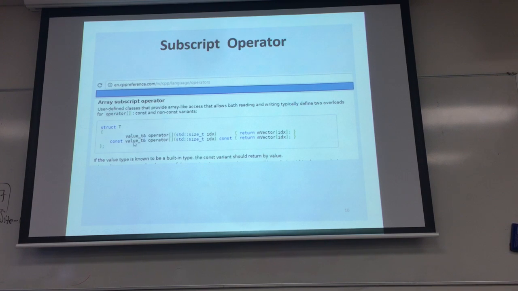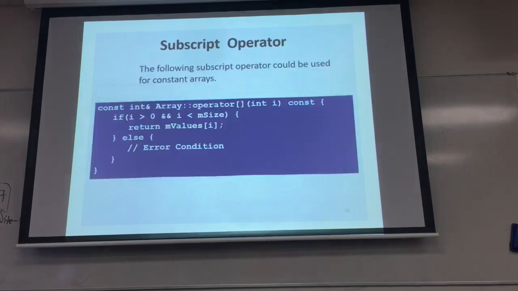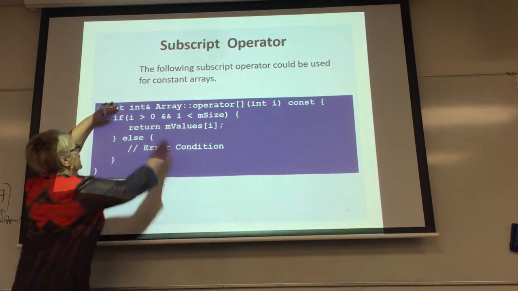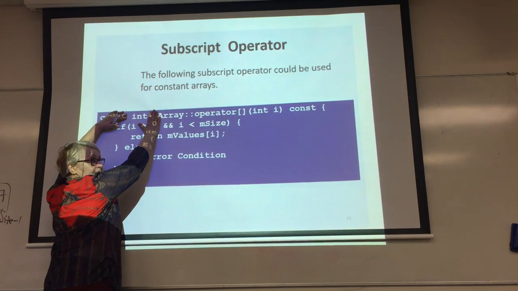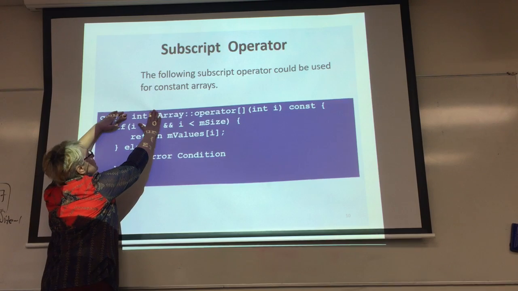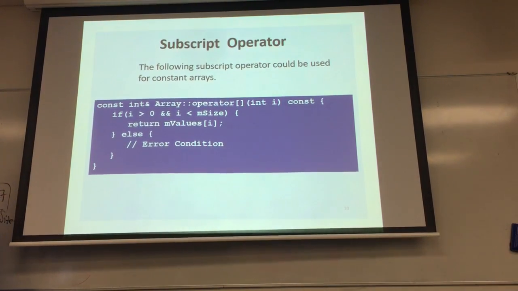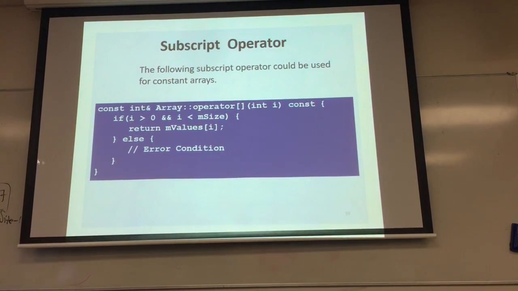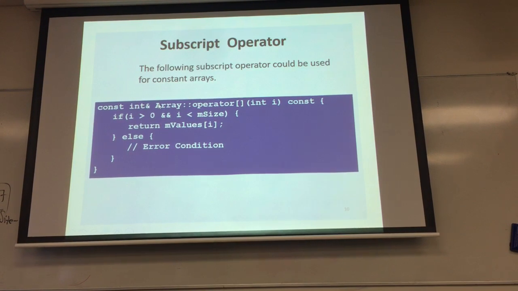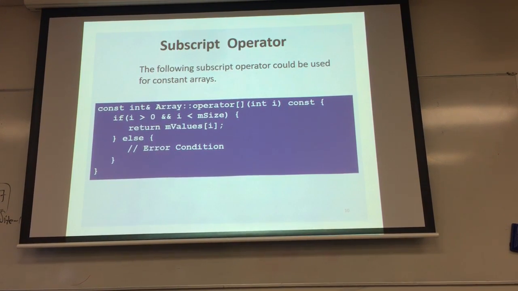So be aware, if this is int, it can return by value, right? Instead of this, we just say return int. But I put it there to make sure that you understand the difference between int reference and constant int reference.